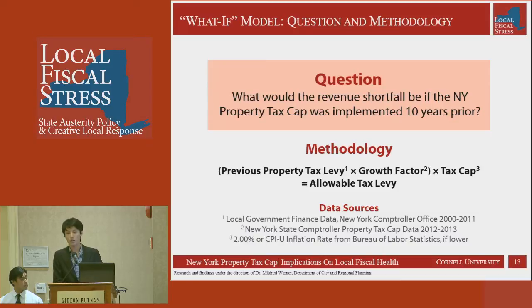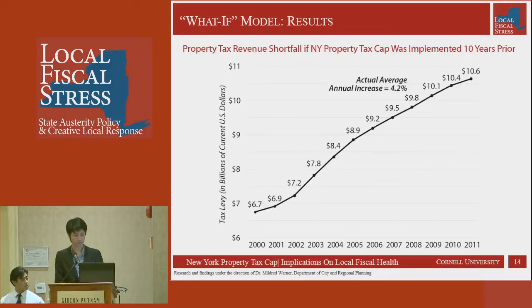Our model covers all the local governments in New York State, excluding New York City. Our data sources include local government finance data from the New York State Controller's Office, tax cap year data from 2012 to 2013, and the CPI index from BLS.